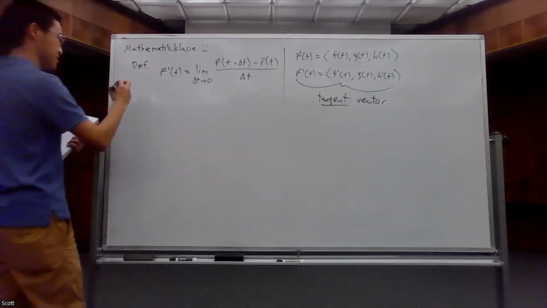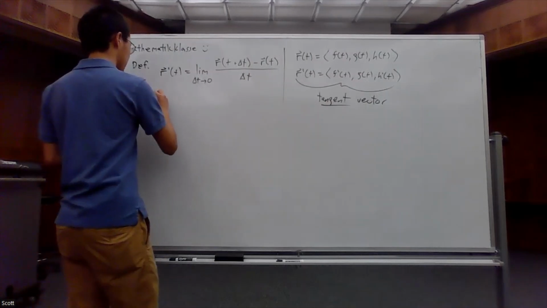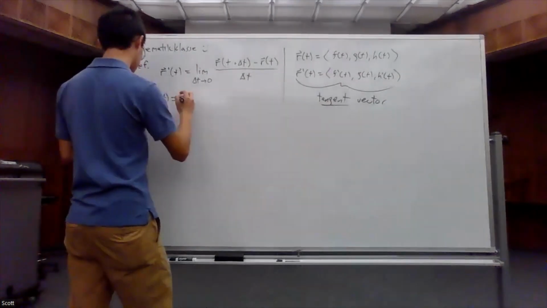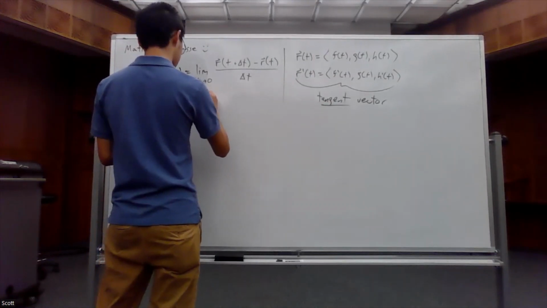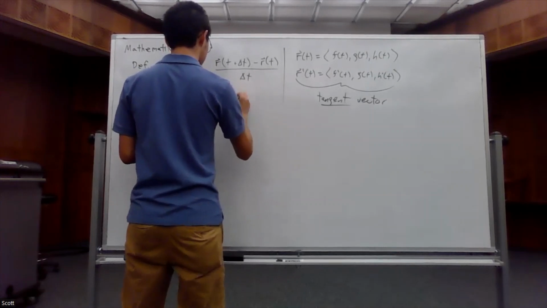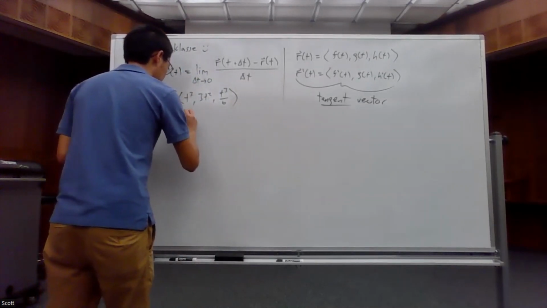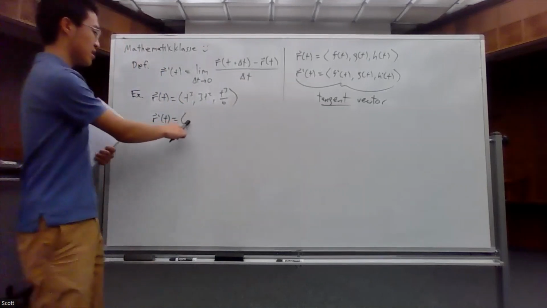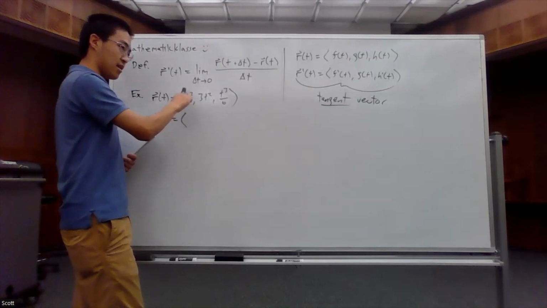Okay, so let's do some examples. If I'm given r equal to t cubed, 3t squared, and t cubed over 6, then r prime of t, what's going to be the first component here? Right, because we just differentiate that first component.